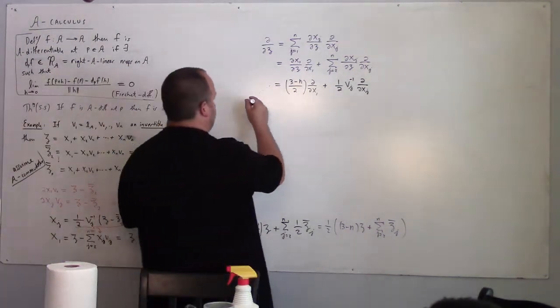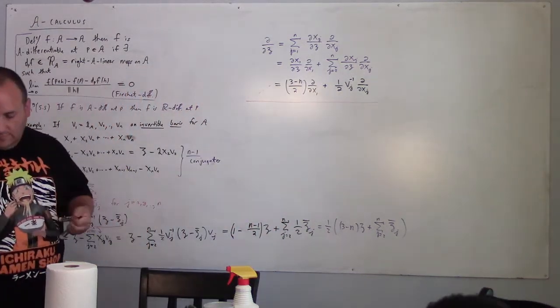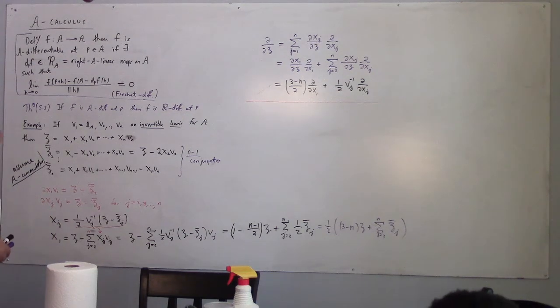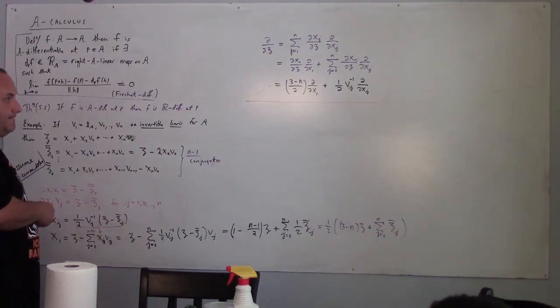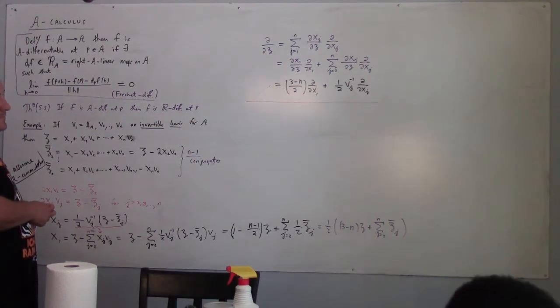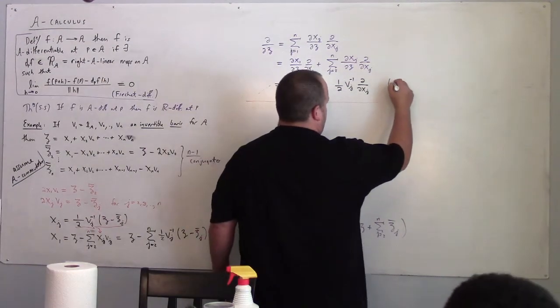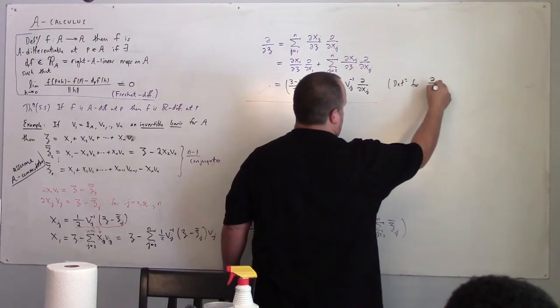And so again, this is a formal calculation. This actually is my definition for what I mean by partial zeta.